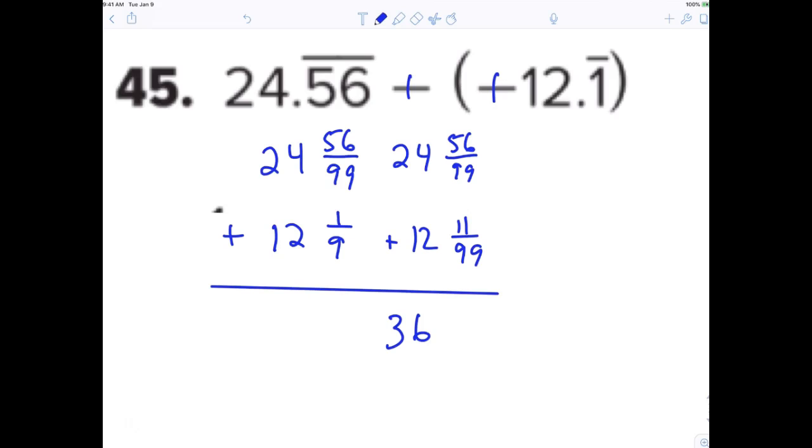Are you having trouble with 56 plus 11? Oh, 67. I had that same mistake. 67 over 99. That wasn't that hard, right? If you know those rules, that was pretty easy.